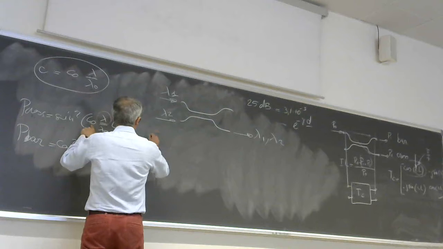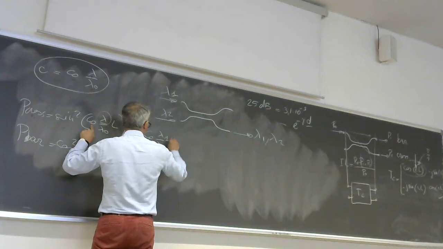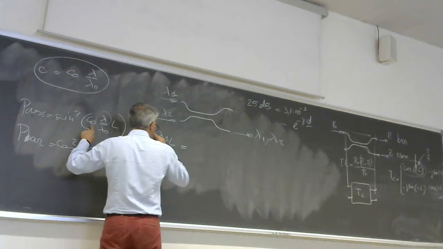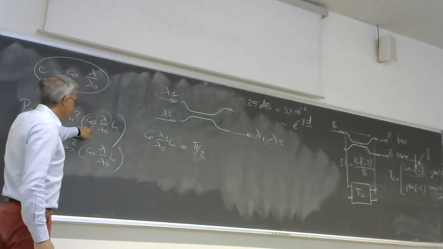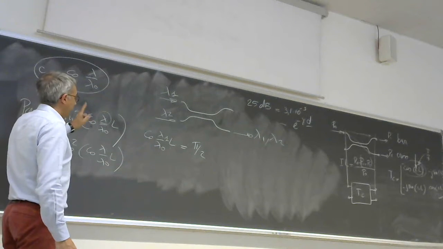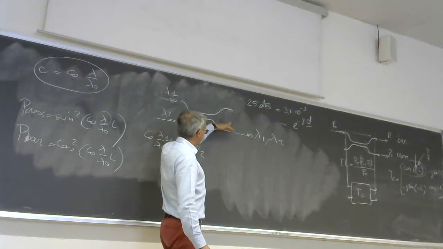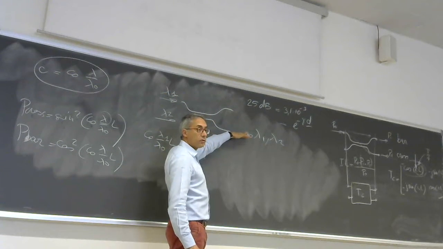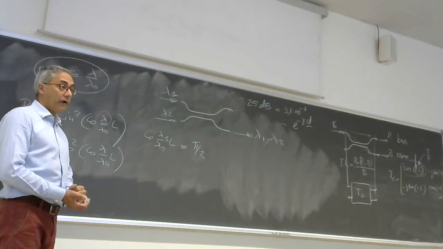So we need this product at lambda 1 equal to half pi. So the sin square is equal to 1. So lambda 1 goes to the cross and exits at this point. Okay?